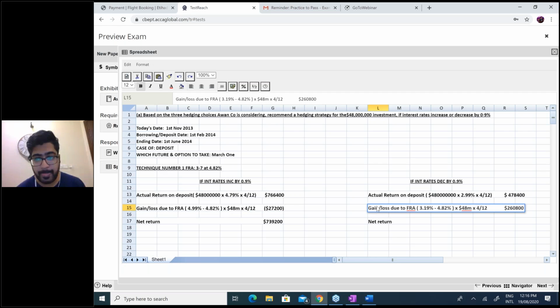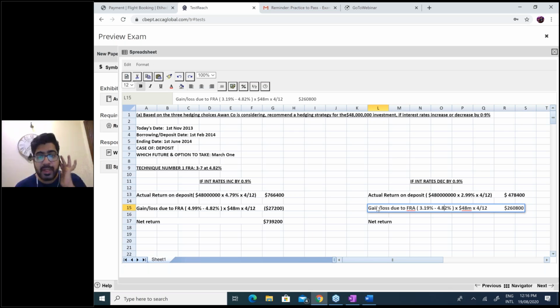Come here, right side. Gain or loss due to FRA. It's a deposit case, right? When interest rates decrease by 0.9, the market deposit rates became 3.19. But you locked the rate at 4.82 due to rate fixation, FRA. You could have deposited at 3.19 in the real market, but you blocked the rate at 4.82, a higher rate.